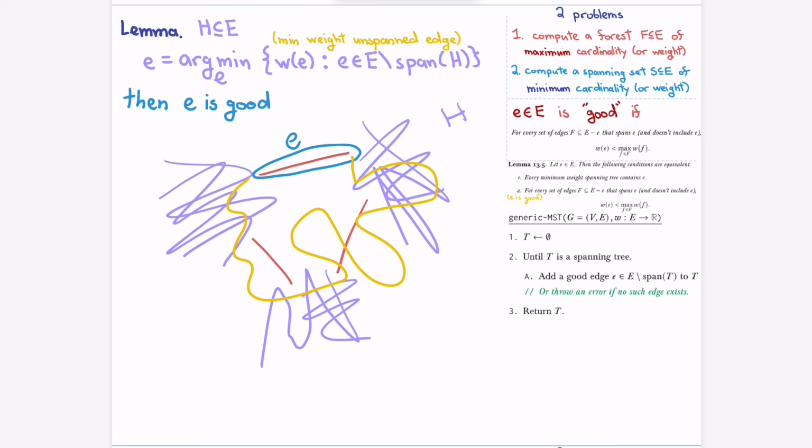So maybe we just need to argue that any set of edges F that spans E is not spanned by H, meaning there's at least one edge in F that's not spanned by H.